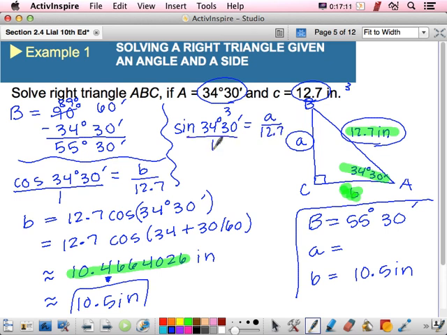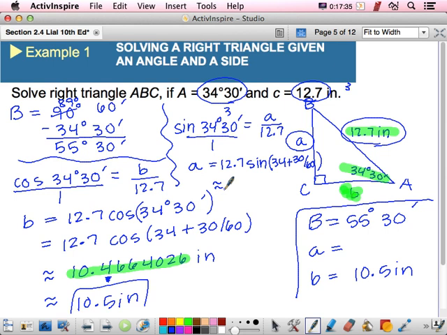Then I will cross multiply and see that a equals 12.7 times sine of 34°30'. If you type that in and round it to 3 significant digits, that will be our final answer, and we'll finally be finished with this problem.